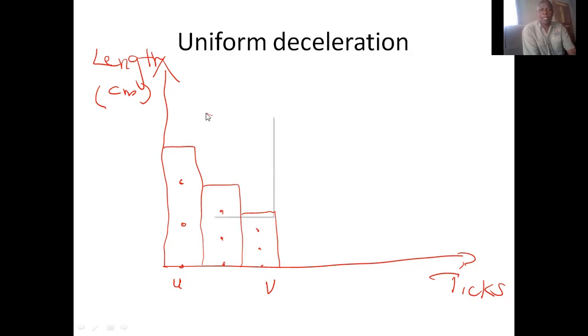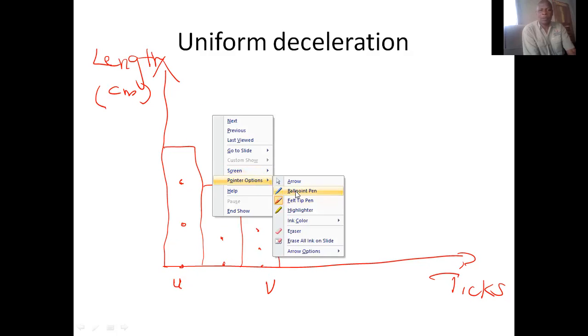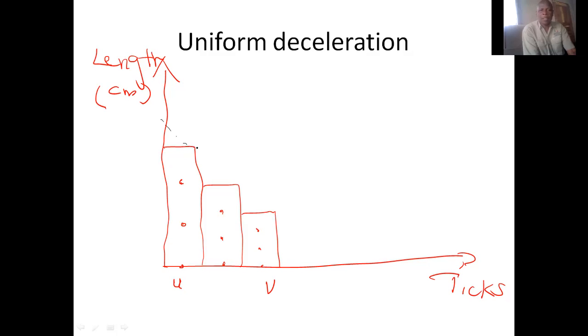So this object is moving with uniform deceleration. For example, if this is 2, that is 4, and that is 6, this graph shows an object moving with uniform deceleration.